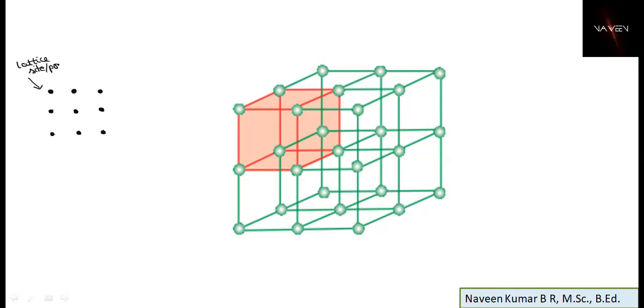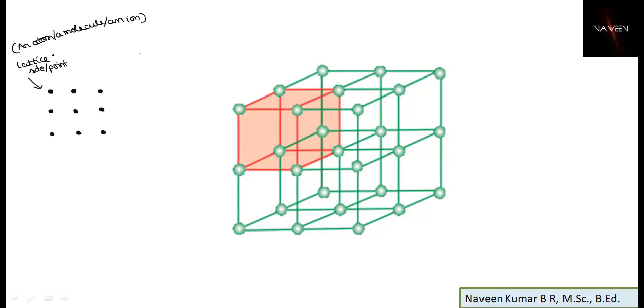or lattice point. Now, what does each such lattice site or lattice point represent? It represents an atom or a molecule or an ion. So each such representative piece of information is what we are going to learn in building the three-dimensional geometry.